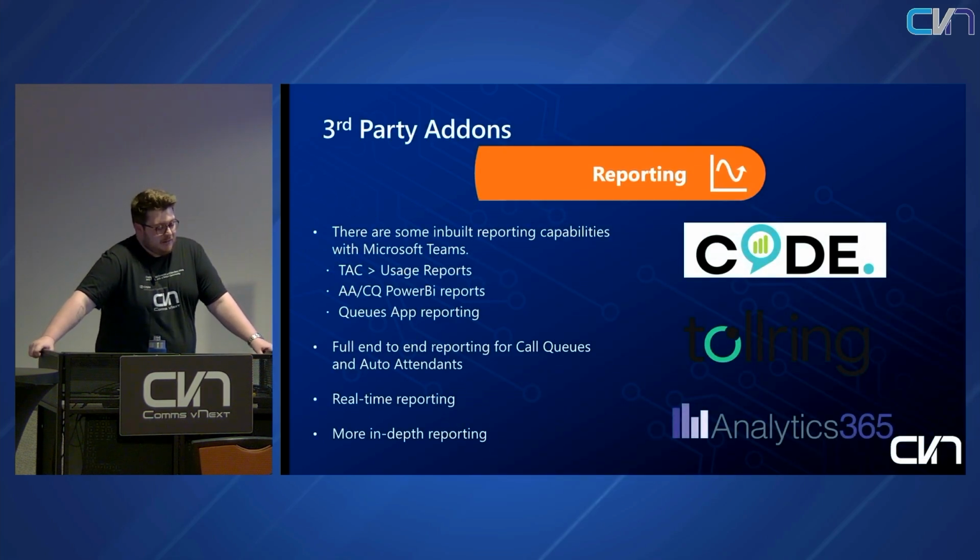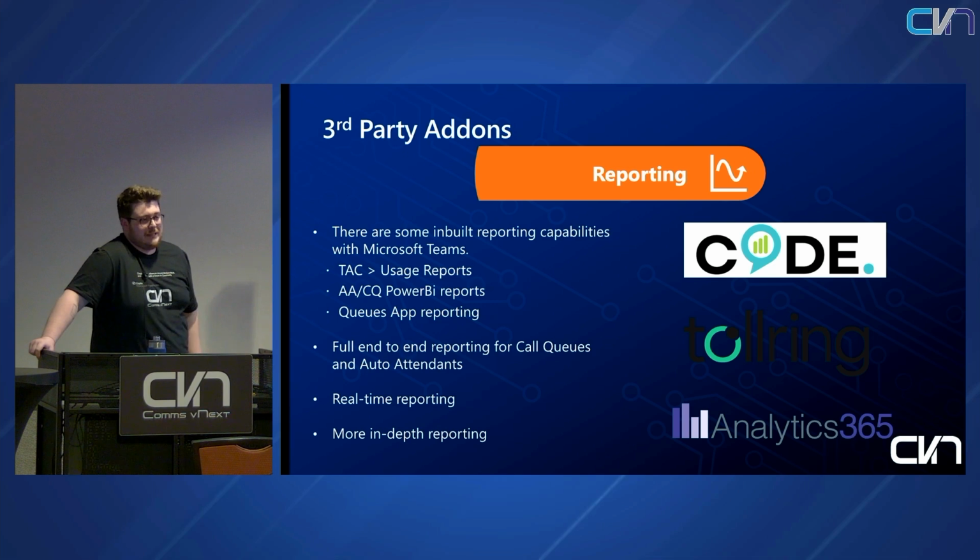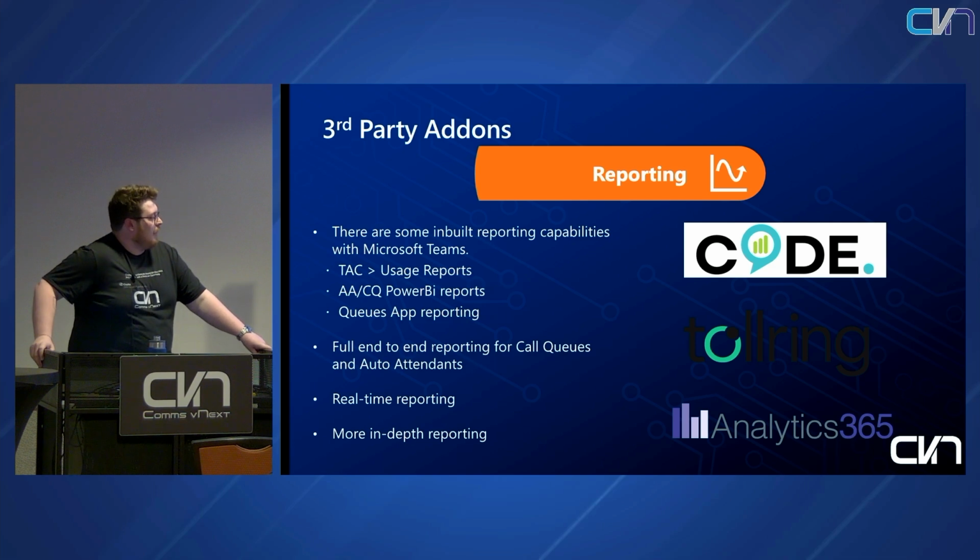Next, reporting. So there are some inbuilt reporting options available from Microsoft. You've got the usage reports, you've got the auto attendant or call queue Power BI reports, that sort of thing. I mentioned the Queues app reporting before. So there are some native options that you can have for reporting. Whether that's going to give you exactly what you need, that's something you should definitely look into.